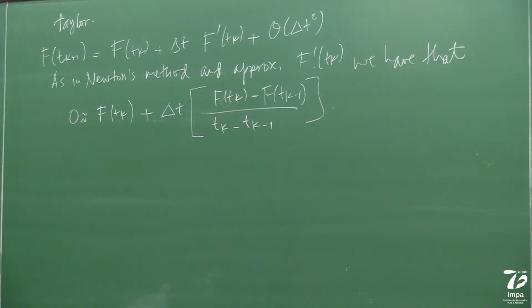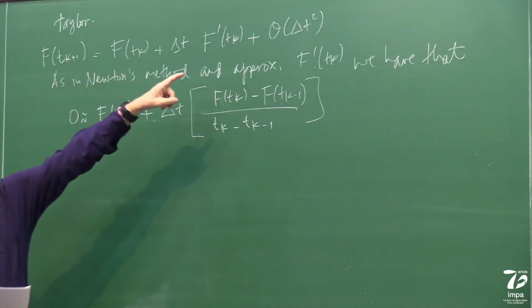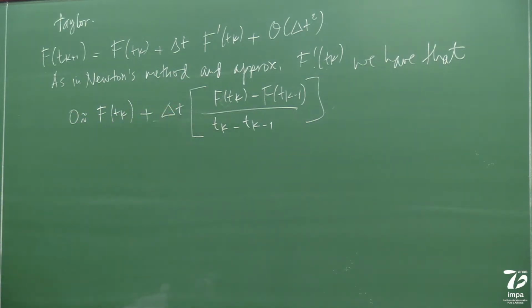I have this, right? So what have I done here? As in Newton's method, I'm putting here an approximation I have done. And okay, I've hit the 0 and I've truncated, okay? Do I have this right?